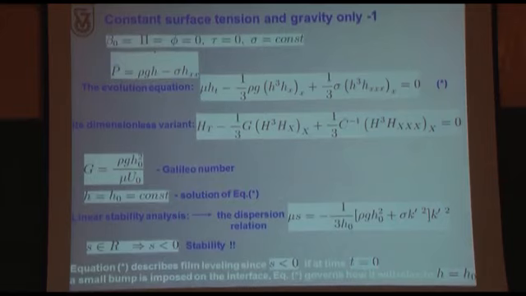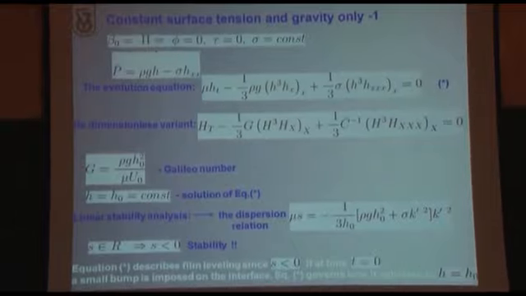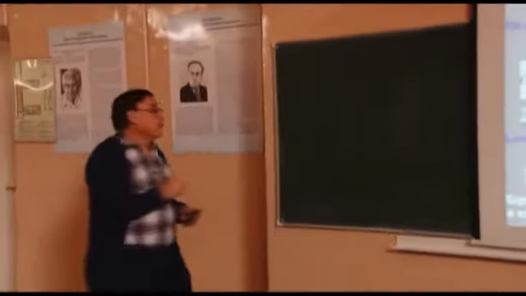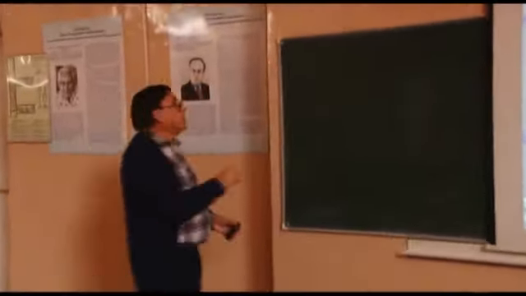U0, by the way, we have not picked yet as the typical velocity, so it stands here as is. But in most cases, when we don't have anything special, U0 may be chosen as nu divided by H0, where nu is the kinematic viscosity of the fluid.